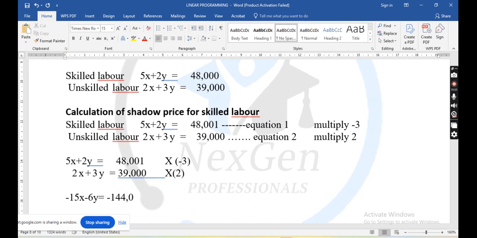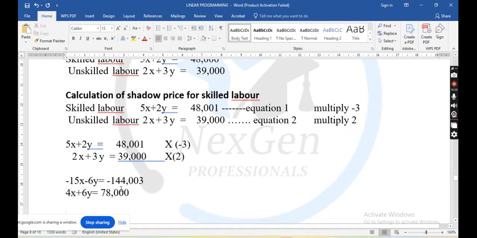So next, you multiply: this will give you 4x, then 3 times 2 is 6, plus 6y equals, if you multiply 2 times 3 times 9, 78,000.